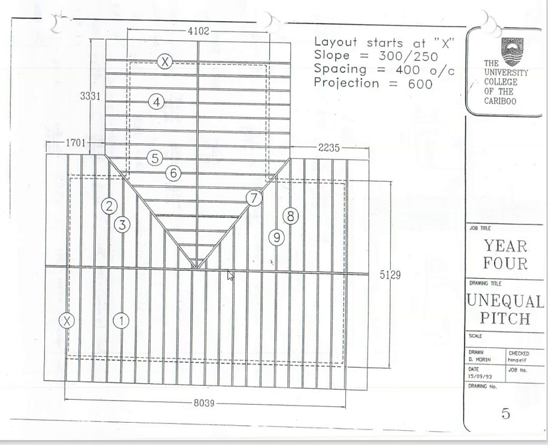Now these 2 are done in a very similar way to how we did 2 and 3. And we're going to start from our layout occurred. And this time we're going to count the number of spacings to rafter number 8. 1, 2, 3, 4, 5, 6, 7, 8, 9, 10, 11, 12, 13, 14, 15, 16 rafter spacings times 4 will give us the distance to here.